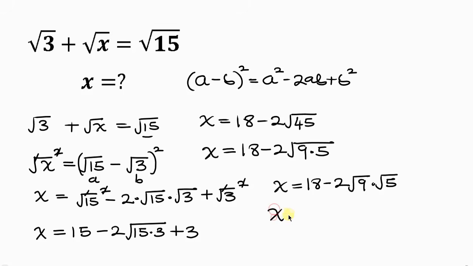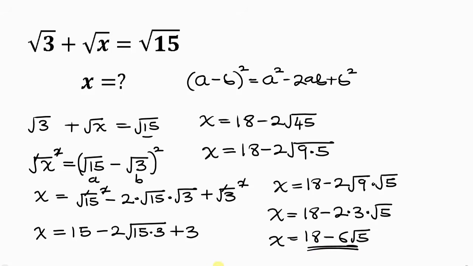So this simplifies further into x equal to 18 minus 2 times the square root of 9, which is 3, times the square root of 5. And then finally, x will be 18 minus 2 times 3, which is 6, times the square root of 5, which is 6 root 5. And this is our final answer.